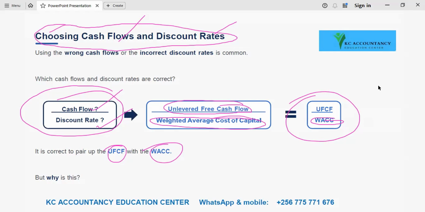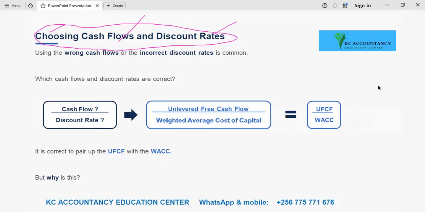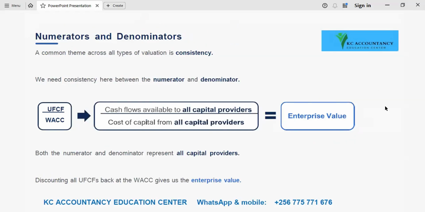We want to understand why we use the unlevered free cash flow and the WACC. Looking at this diagram again, the values that we have there are unlevered free cash flows over the WACC.